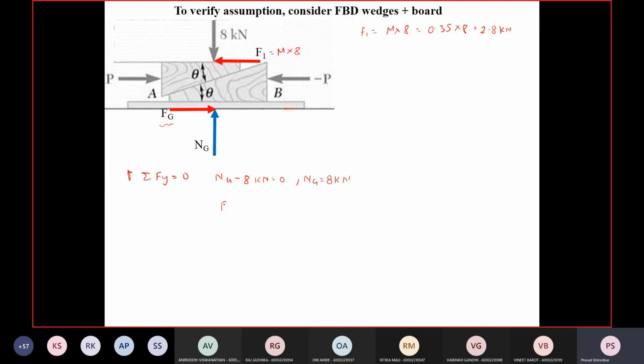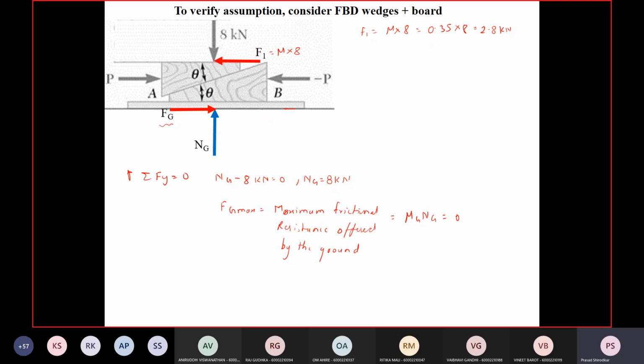So now Fg max, that is the maximum frictional resistance offered by the ground will be equal to nu ground into Ng.